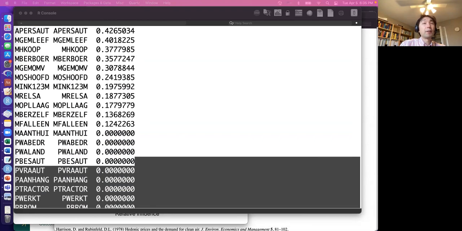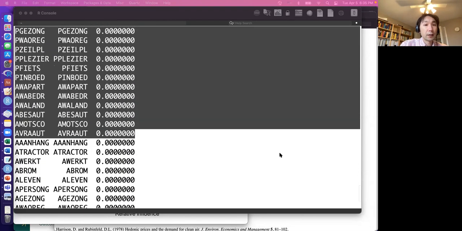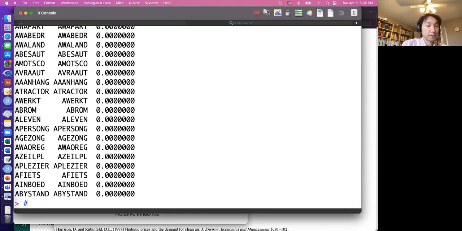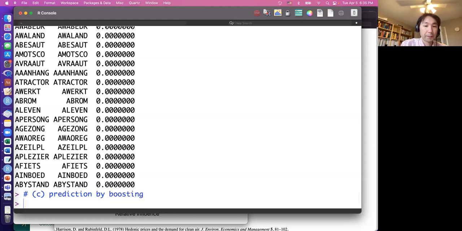Now we want to do the prediction and summarize the data. So part C is the prediction by boosting. First, we want to calculate the predicted value.